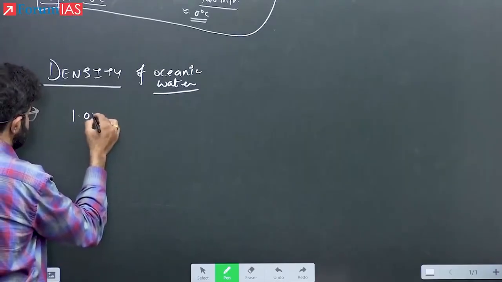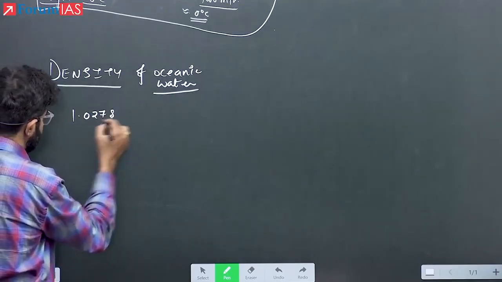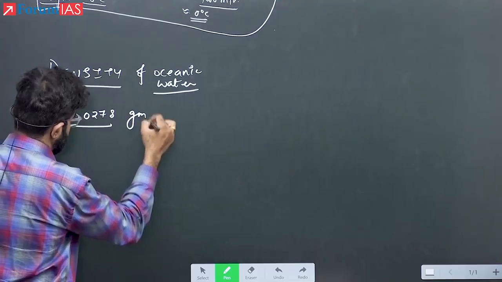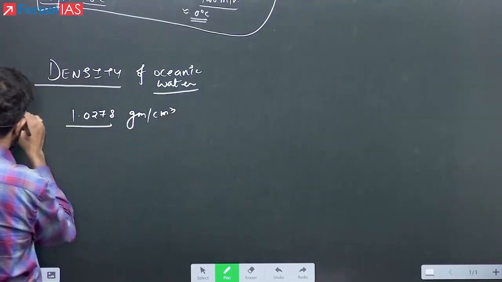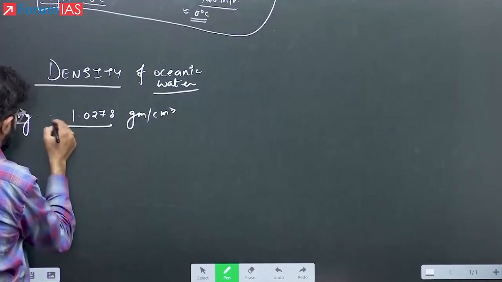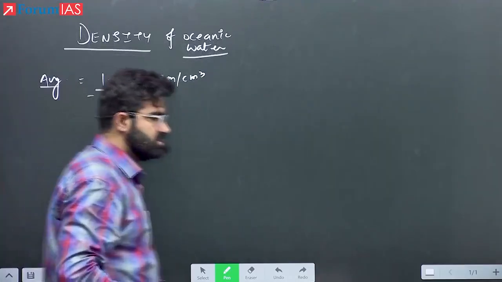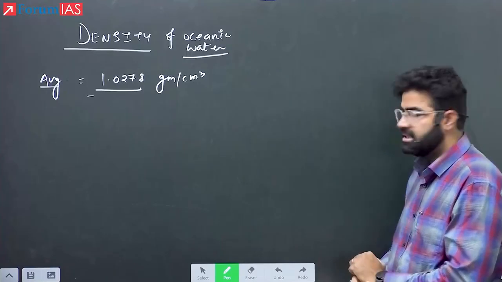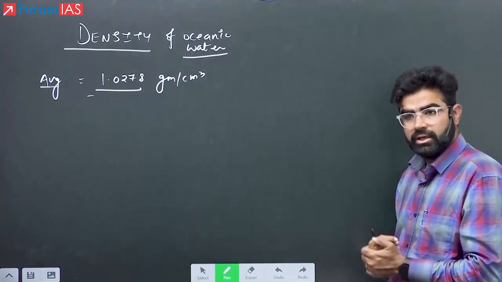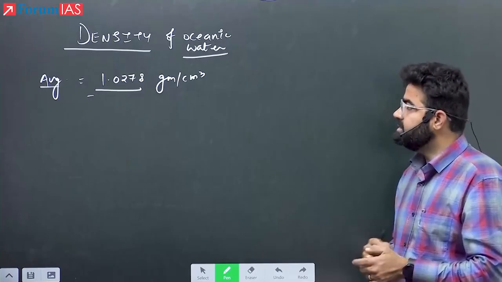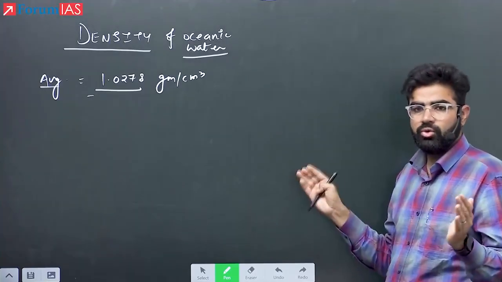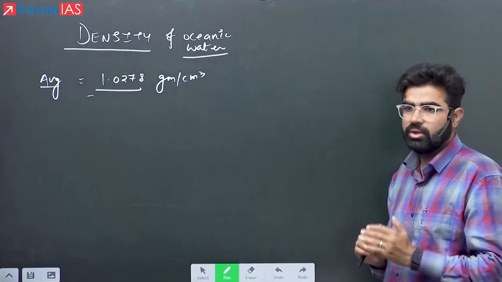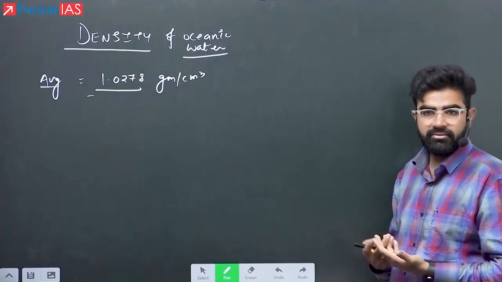On an average, this is going to be the density; the figure is not required at all, I'm just giving you one figure. 1.0278 is the density, in gram per centimeter cube. It is the unit, right? So what is the density of the oceanic water? Simply, how close the molecules of the water are determines the density.